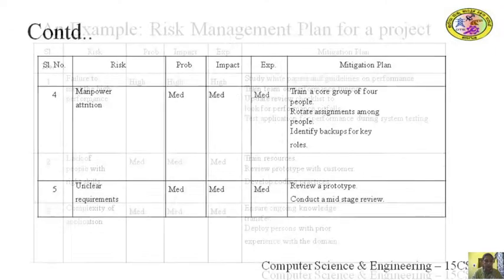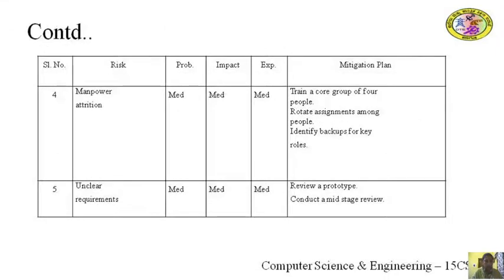Risk number 4 is manpower attrition, which has the probability of occurrence as medium, impact as medium, exposure as medium. And the mitigation plan for this risk is to train a core group of 4 people, to rotate assignments among people, and to identify backups for key roles.